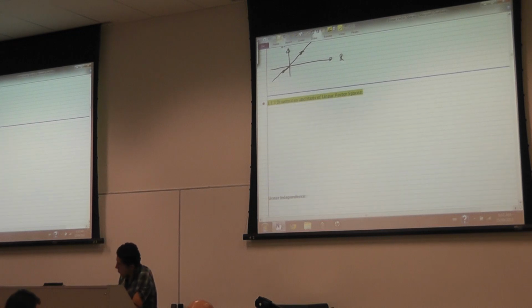So, the dimensions of linear vector spaces. R, we know, has one dimension. R2, 2 dimensions.